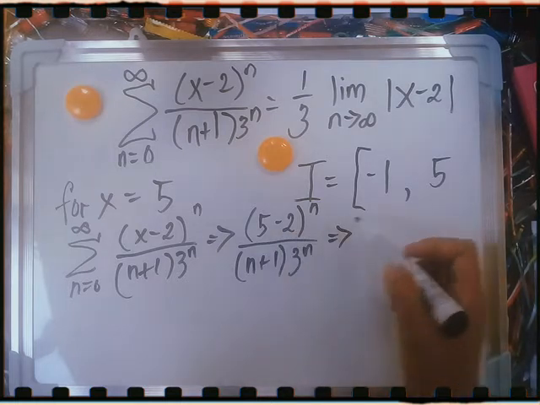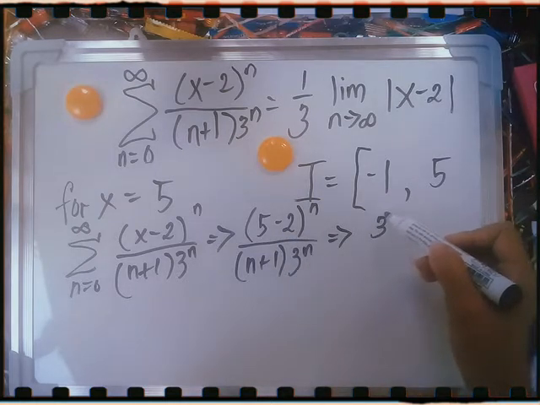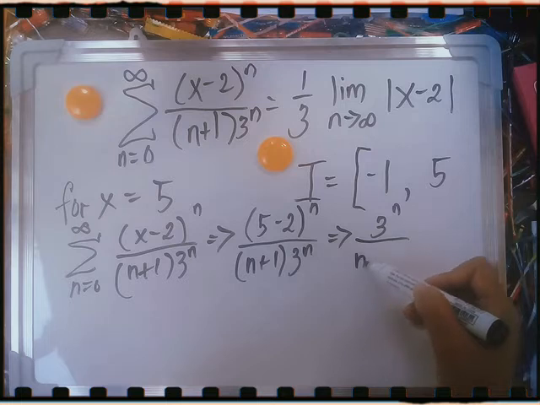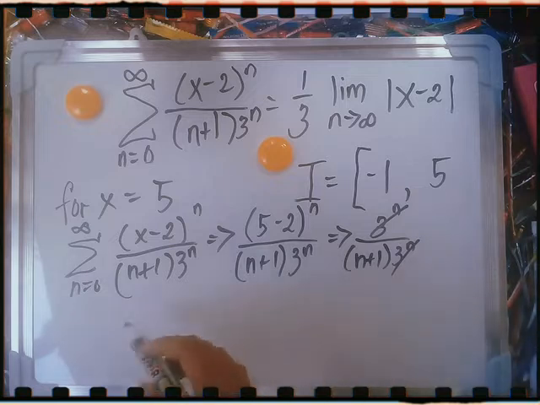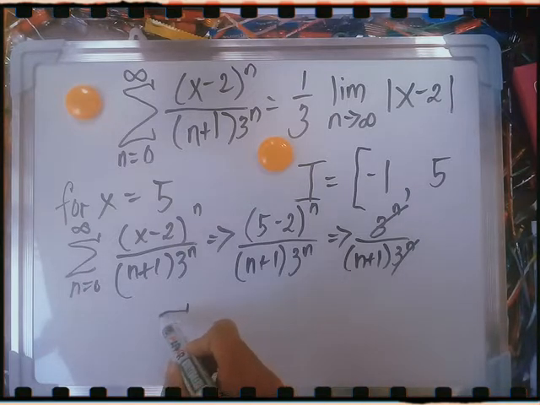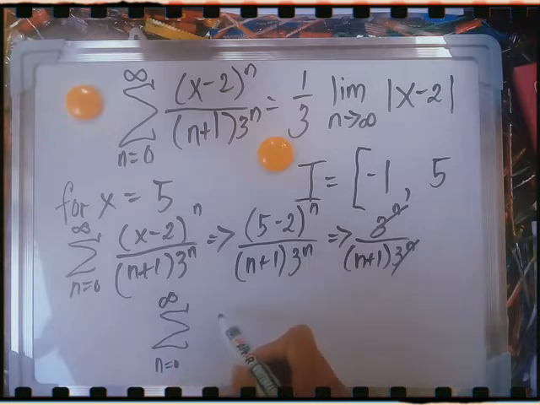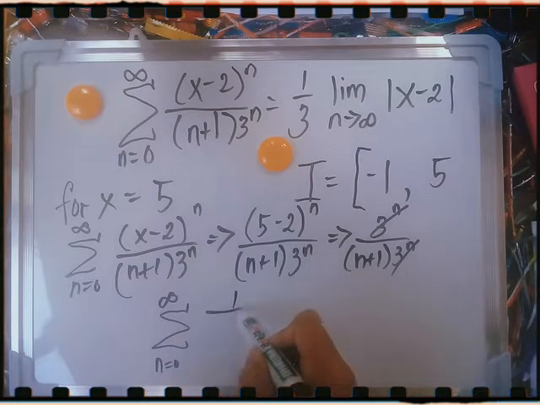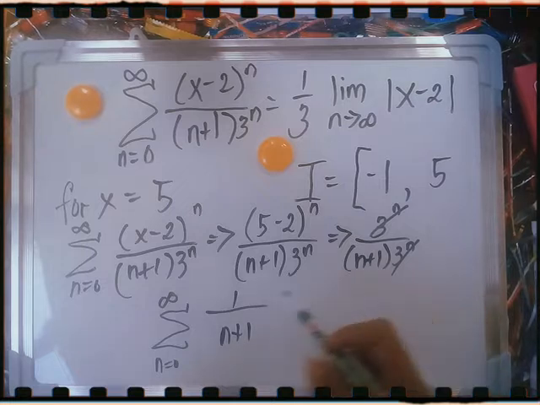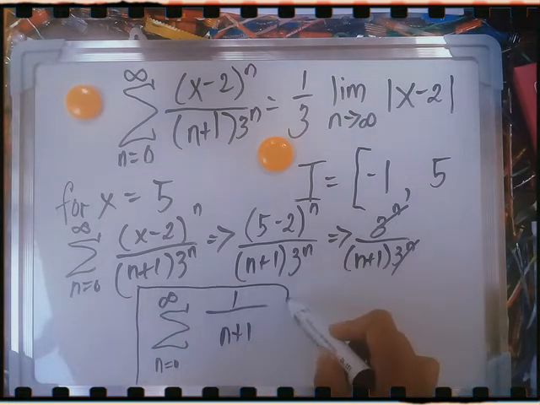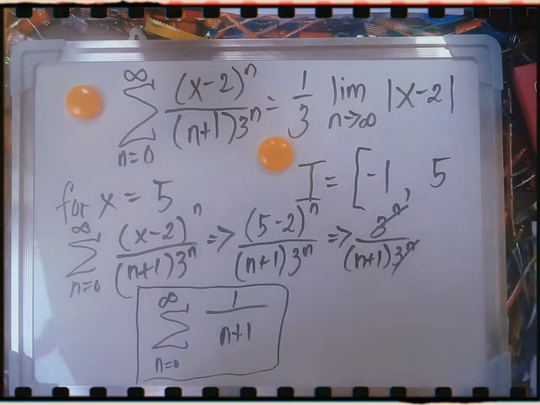And then 5 minus 2 is equal to 3 raised to n, and n plus 1 times 3 raised to n. So cancel the 3 raised to n. You've got the answer as the series of n is equal to 0 to infinity of 1 over n plus 1. So this is our answer. And 1 over n plus 1, it will diverge.